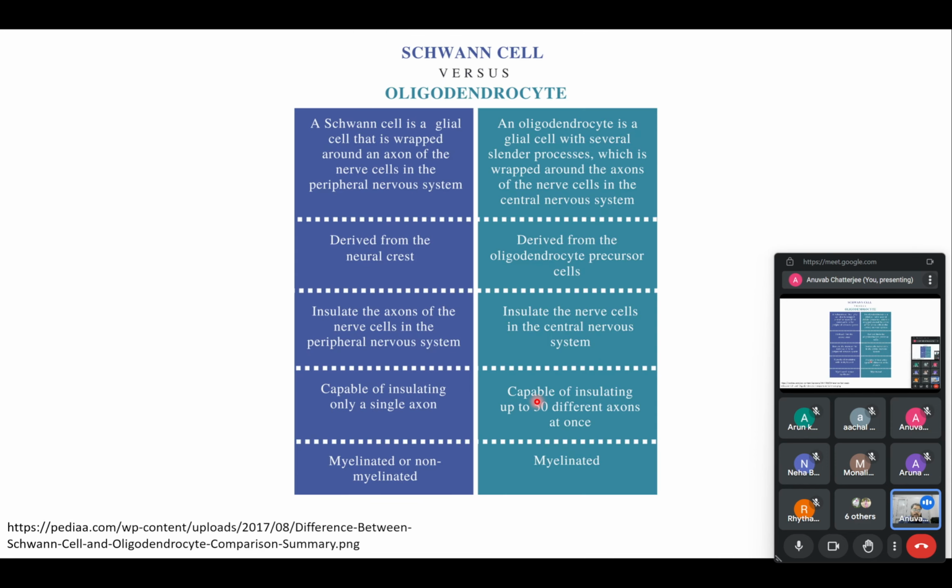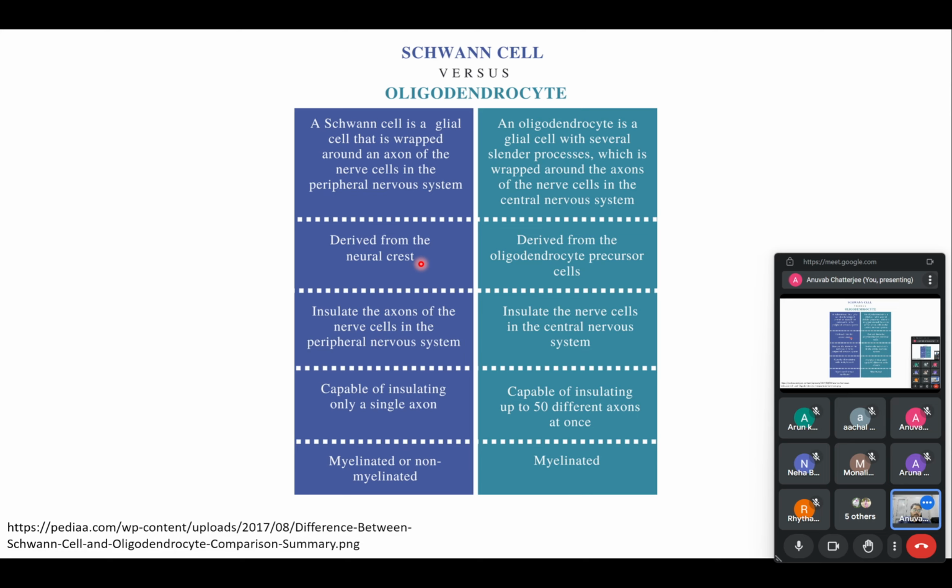So here is a more in-depth difference between the Schwann cell and the oligodendrocyte. A Schwann cell is a glial cell that is wrapped around the axon of a nerve cell in the peripheral nervous system, whereas an oligodendrocyte is a glial cell which has several slender processes which wrap the axons of nerve cells in the central nervous system. So one is PNS, one is CNS. Schwann cells are derived from neural crest cells.